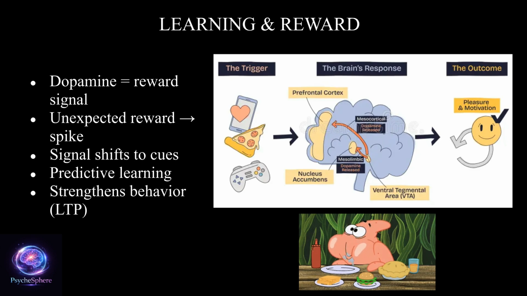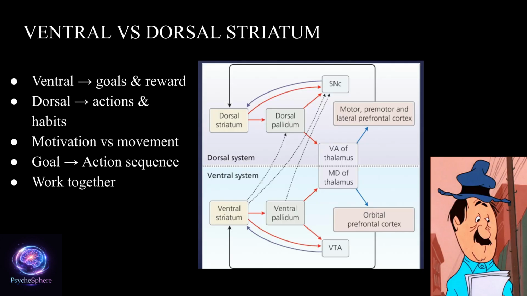Dopamine also strengthens connections between neurons through something called long term potentiation, or LTP, which means those behaviors are more likely to occur again. Okay, so now we divide our system into two parts, the ventral striatum and the dorsal striatum.